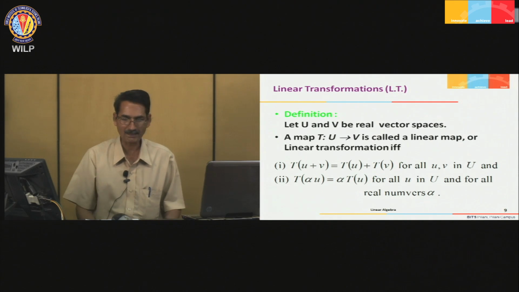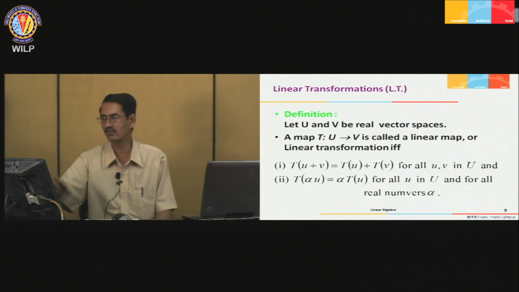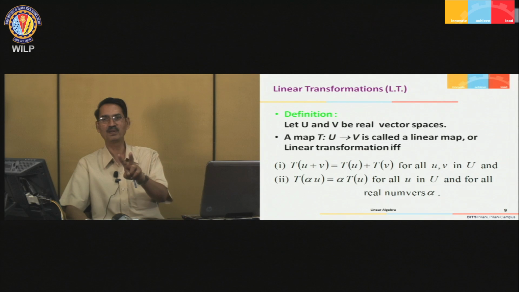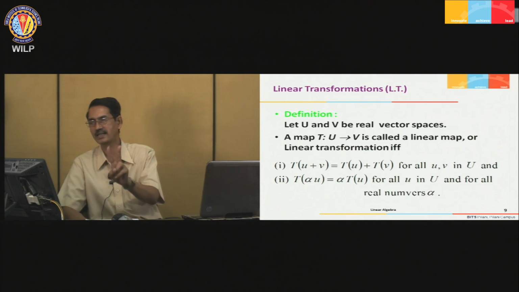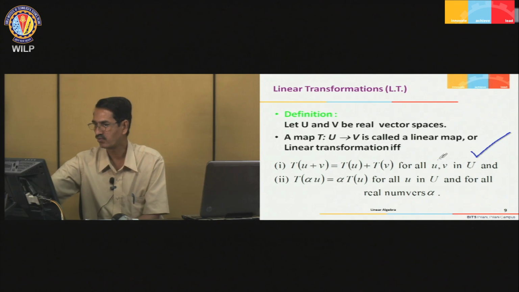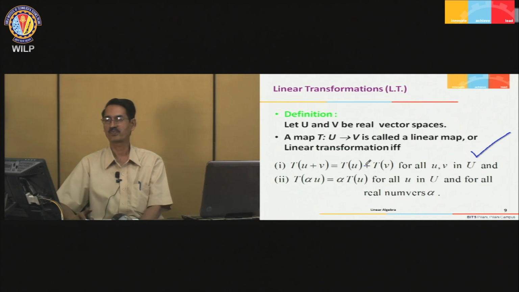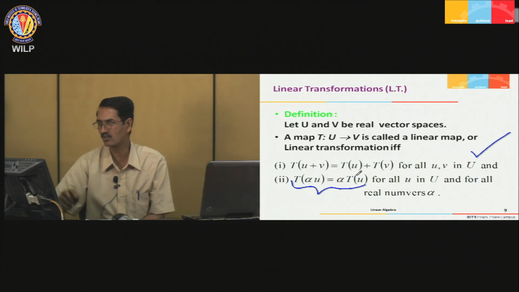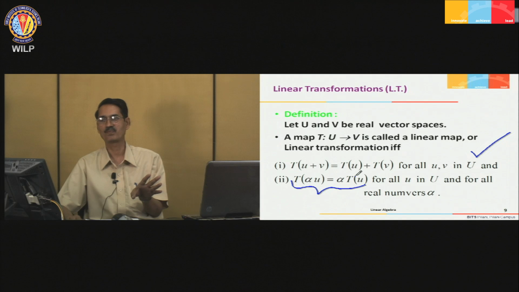Then a mapping T from U to V is called a linear transformation if and only if T satisfies two properties. First one is that T of u plus v must be equal to Tu plus Tv for all u and v from the domain set U, and T of alpha u must be equal to alpha times Tu, where alpha is any real number.